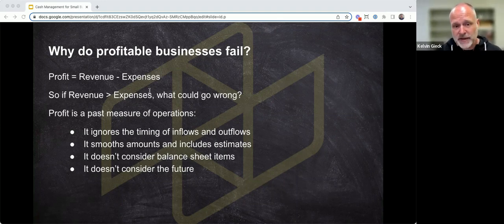If you're in a business that lets your customers pay later, your profit's actually not going to accurately reflect your cash flow, because it's going to show $1,000 coming in sales, even though you actually haven't received that actual cash. And it could be the case that somewhere down the road, the customer actually never pays you. And so you actually end up with $0 in sales. And of course, that reverses on an accounting basis, but that doesn't help you on your cash flow basis. So it ignores the timing of inflows and outflows.